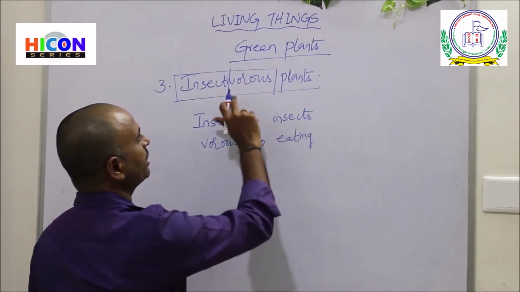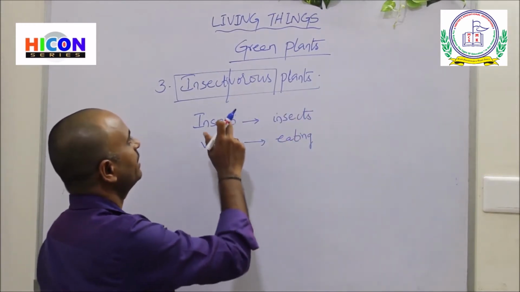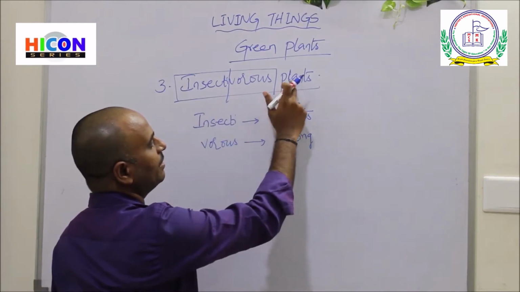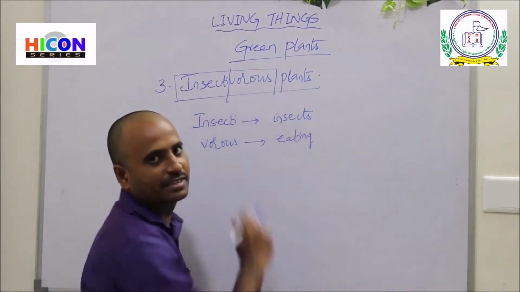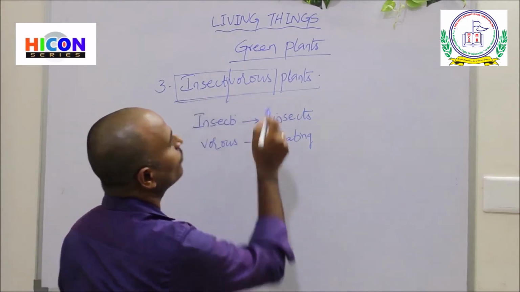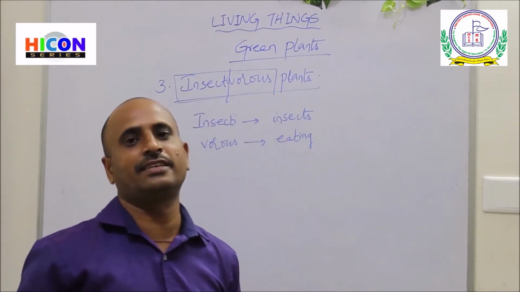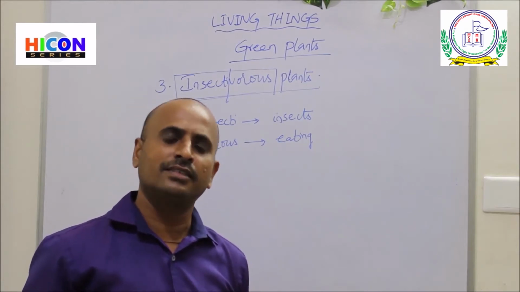So insectivorous means insect eating. That's why these plants are called insectivorous plants, because they eat insects and flies.